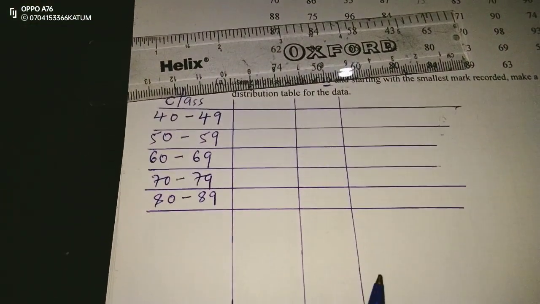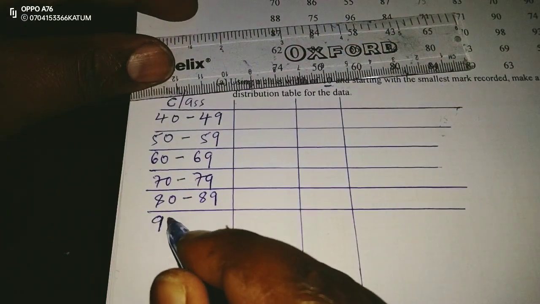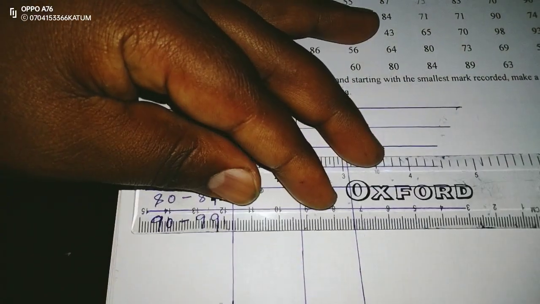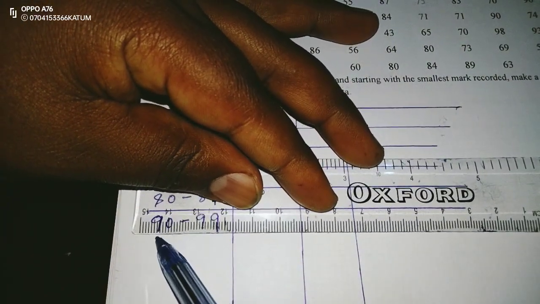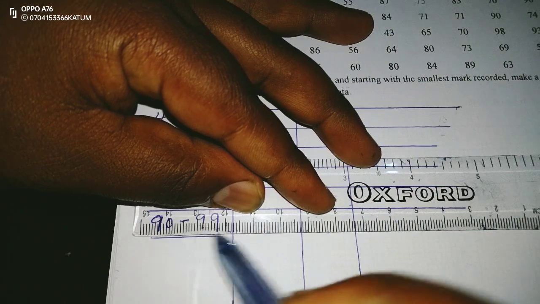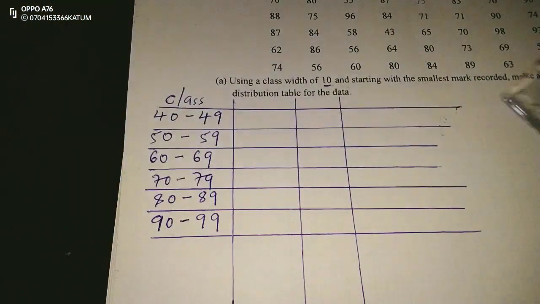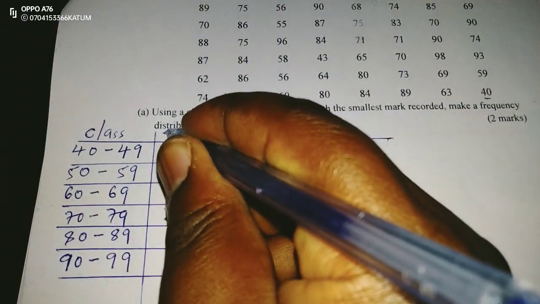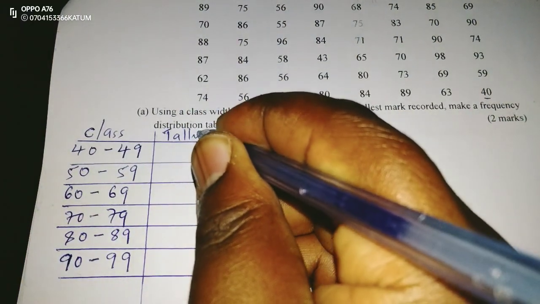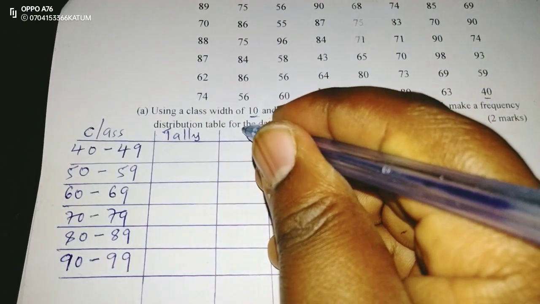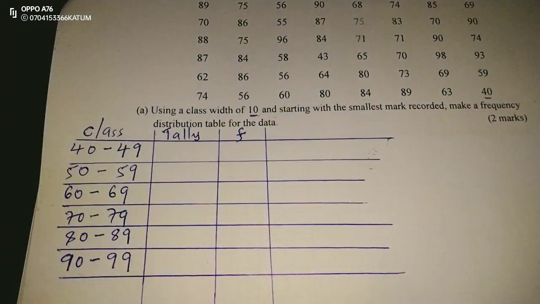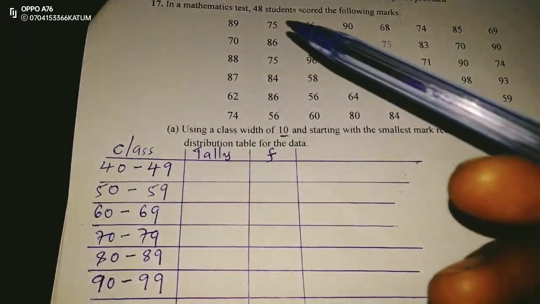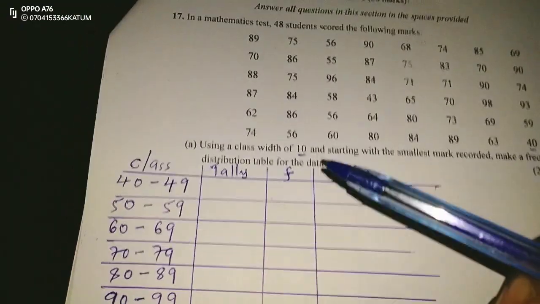Then we also have 90 to 99. I don't think we have a mark that goes beyond there when we look at the marks scored in the mathematics test. Therefore, I will tally here. Then I come up with the frequency, which I can call F.